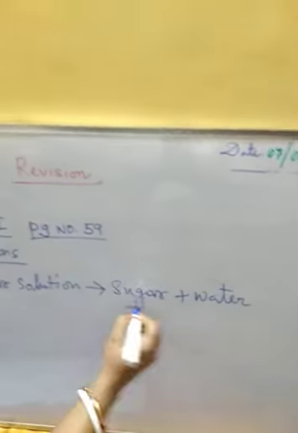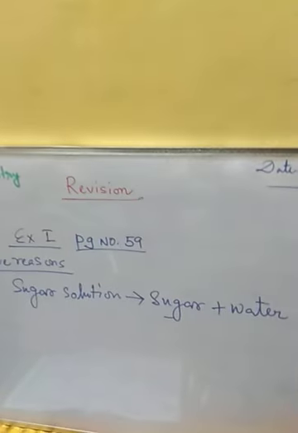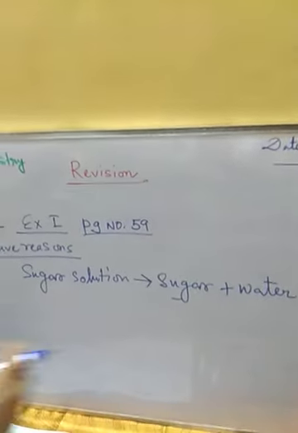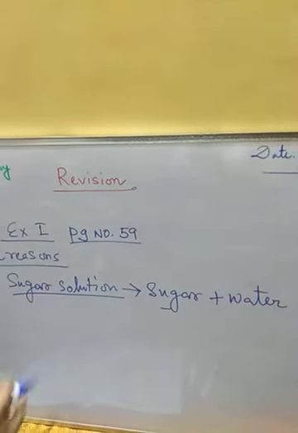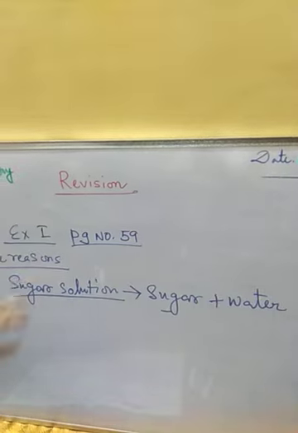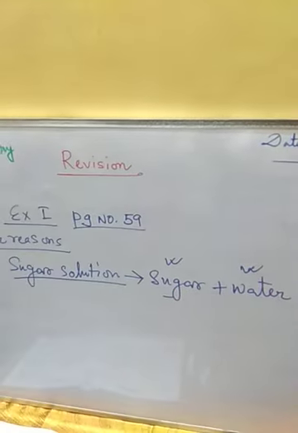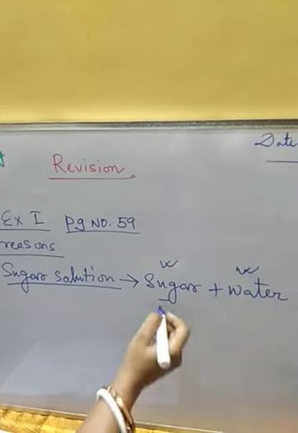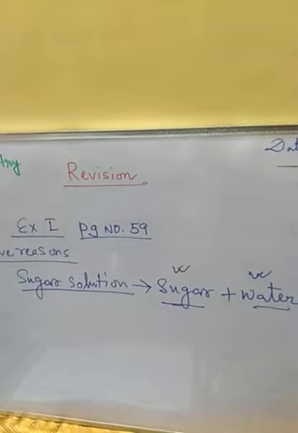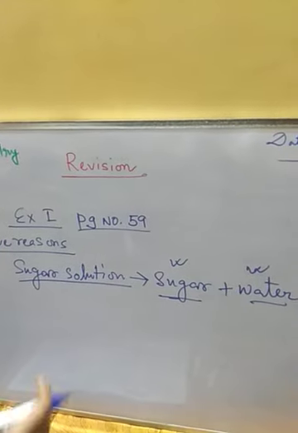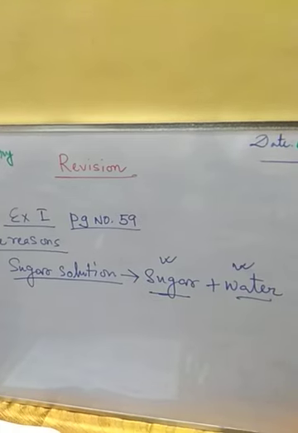If we add sugar to water, suppose in a glass we have taken some water and we are adding sugar to it, then we will get a sugar solution. Now the question is, why in a sugar solution do the individual properties of sugar and water both exist, why do they retain their properties?